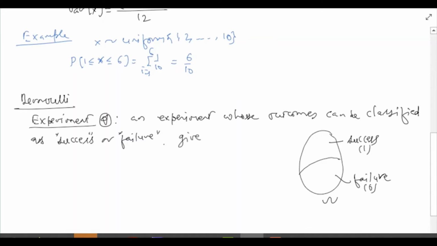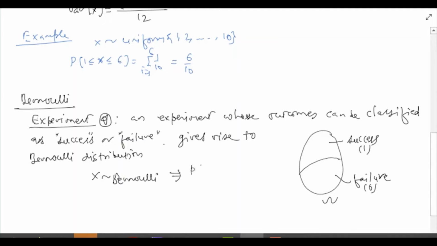Then this kind of classification gives rise to the Bernoulli random variable or Bernoulli distribution. What is Bernoulli distribution? If X is Bernoulli(p), this means the collective probability of all the outcomes that lead to success is p.